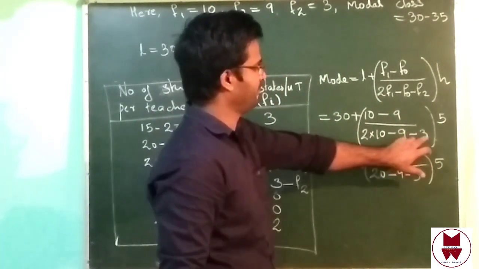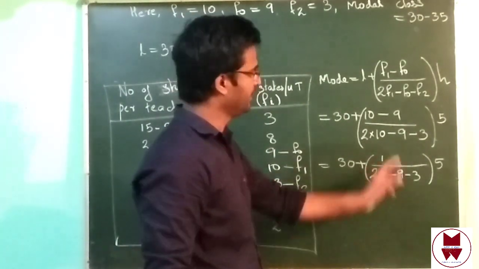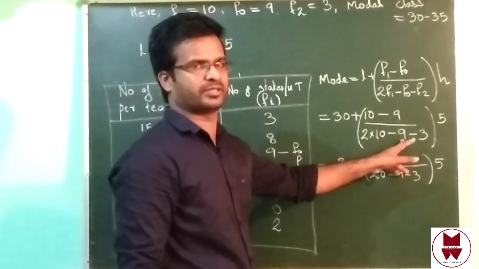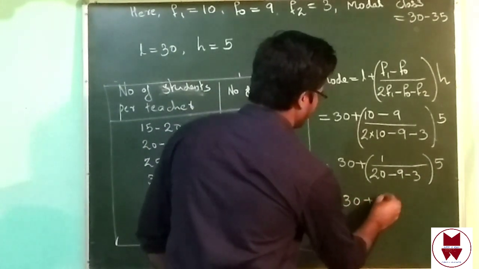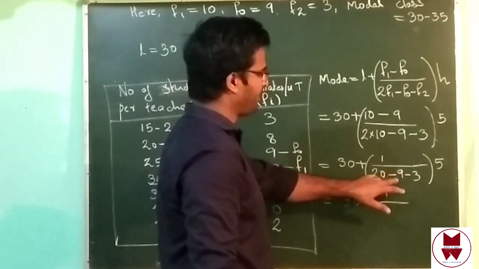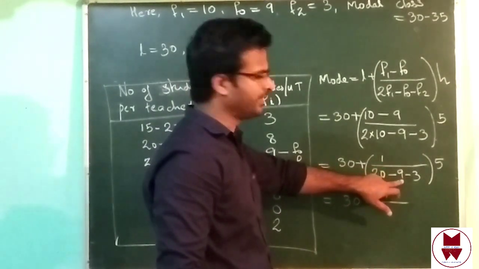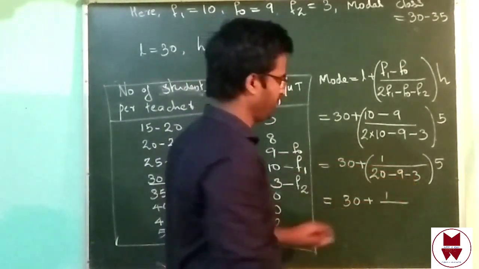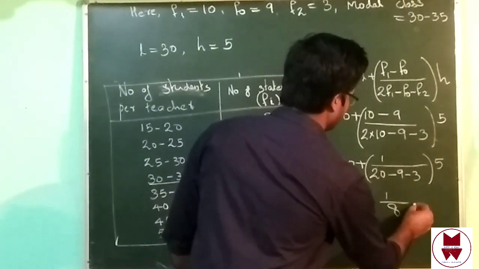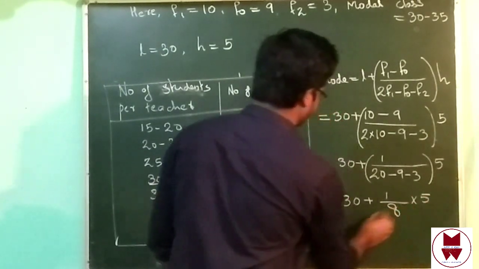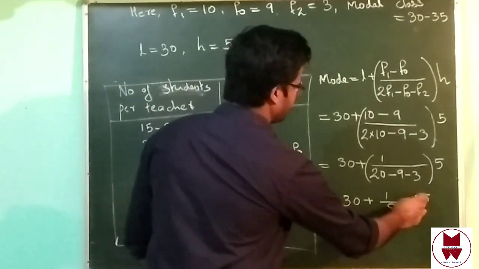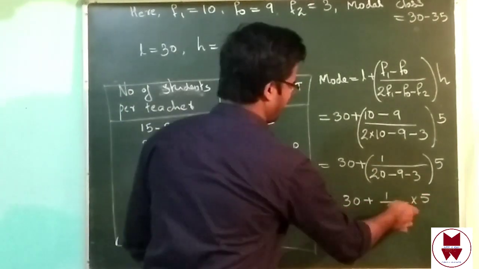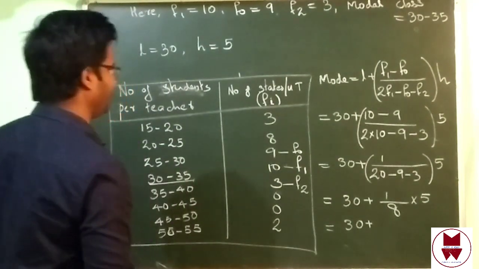Don't write 9 minus 3 is 6, because this is not 9, this is minus 9 only. 30 plus 1 divided by 20 minus 9, you will get 11, isn't it? Then 11 minus 3, that will be 8. 8 into 5. 30 plus 1 into 5 is 5. 5 divided by 8, you can do it, just do it.